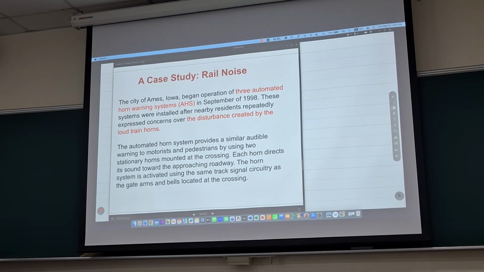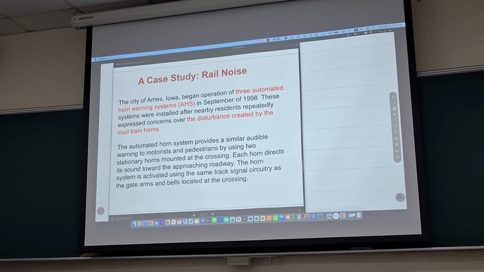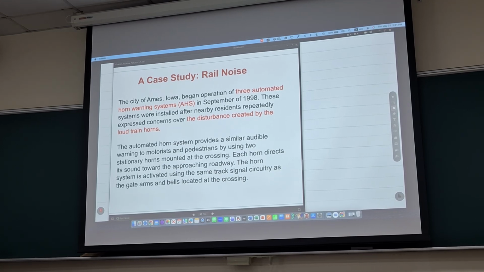Now I'm going to move on to the case study. I'm going to test one question about the case study. I will give you a scenario and ask you to use the knowledge you learned from this course to design a pollution control measure. This is one example.